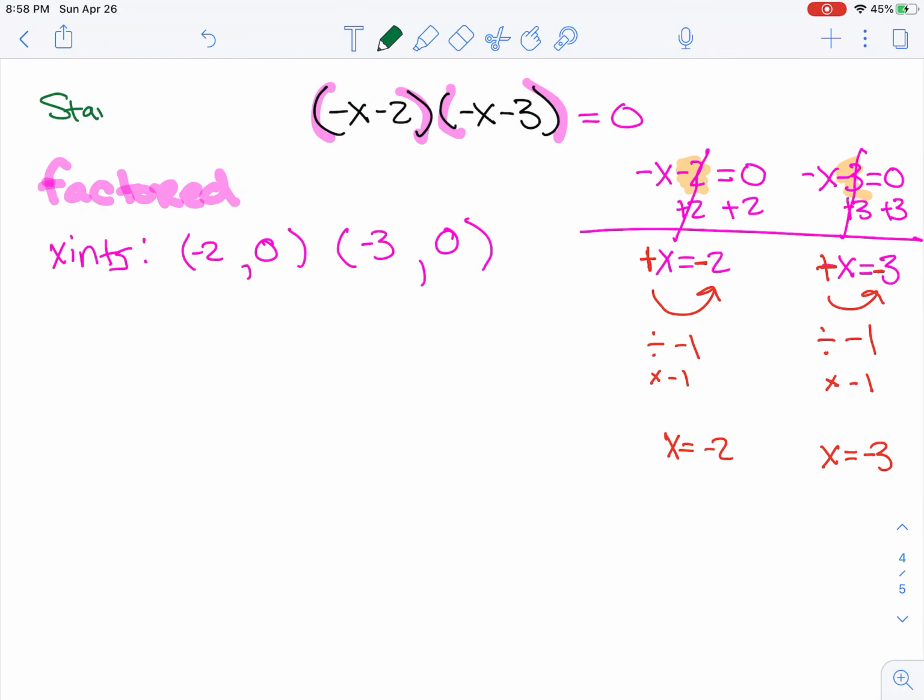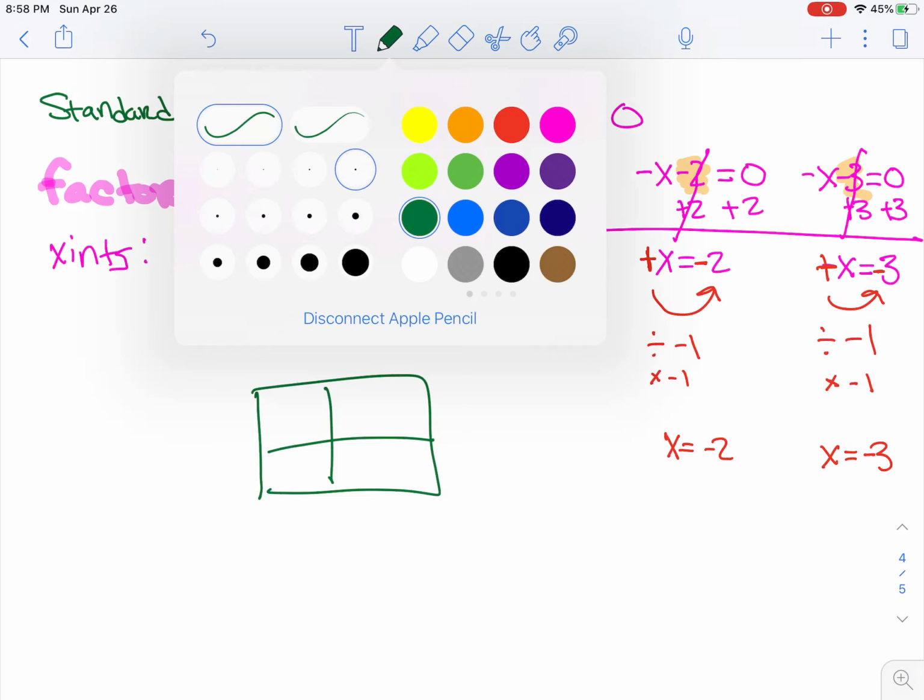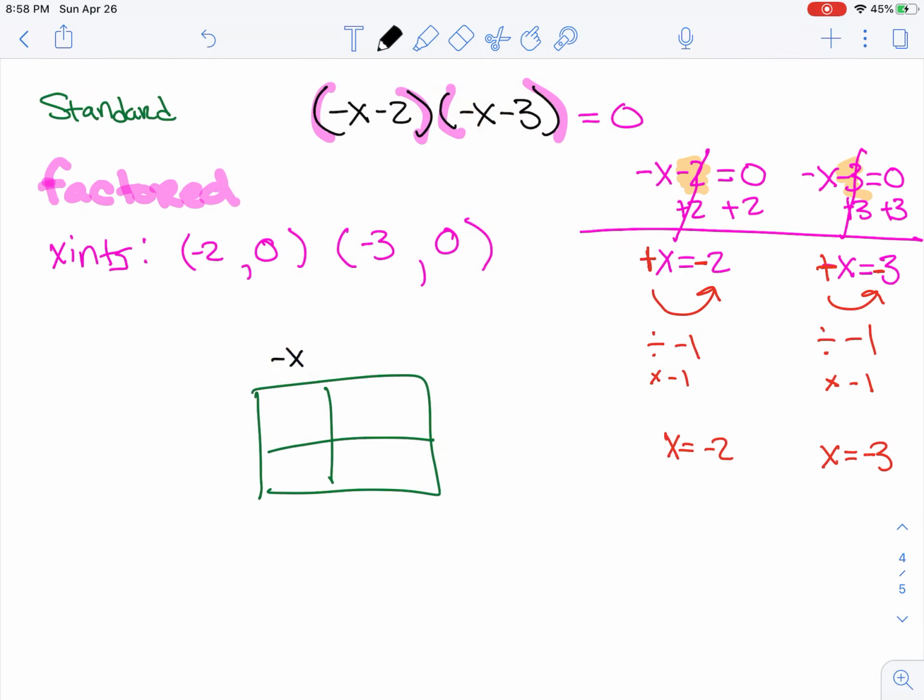But I also want us practicing going to the standard form, which means that I want you to draw a box. It means that you put the -x minus 2 on the outside, the -x minus 3 on the outside. Notice that that negative is sticking with the 3.